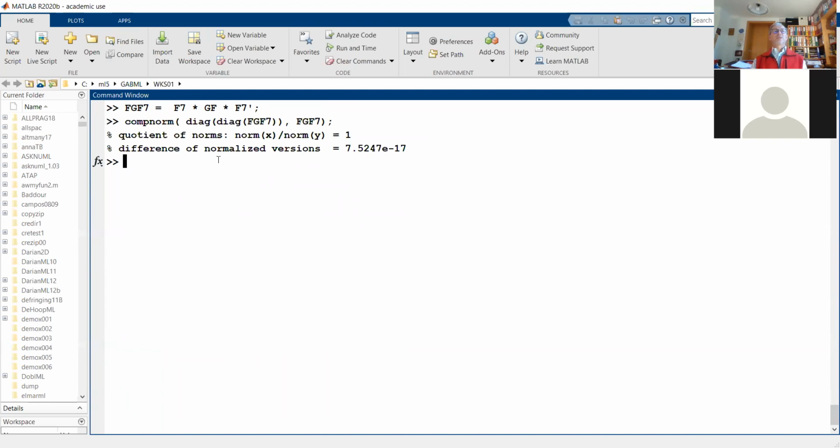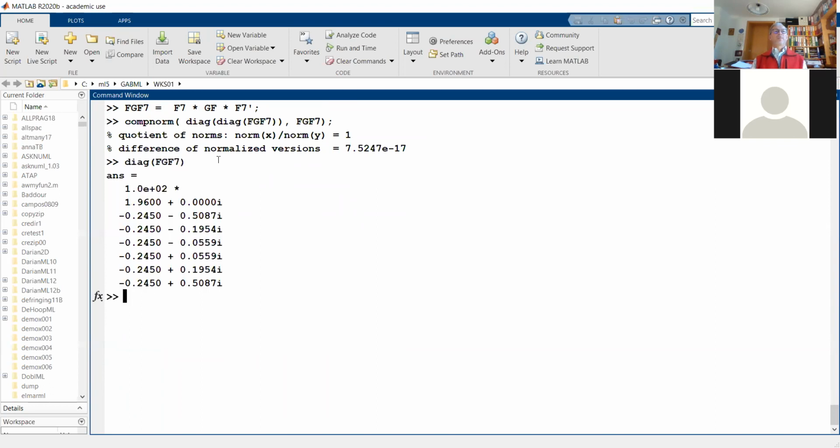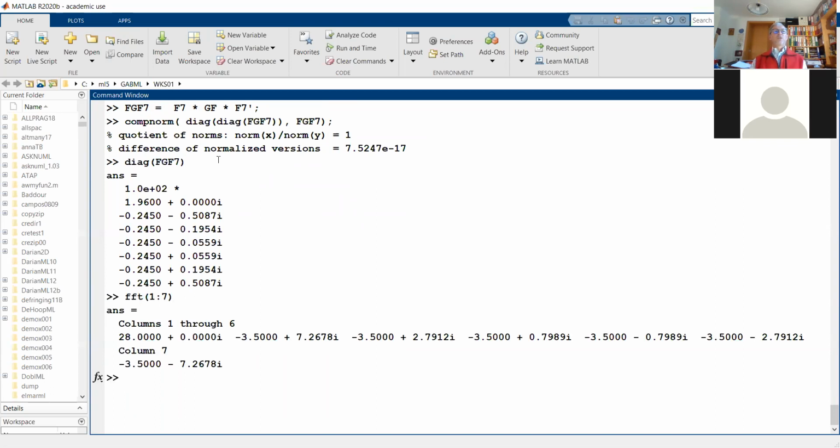And then of course you can say, well, what is the diagonal of FGF7? This is a certain vector, but we can also look at the FFT of the generating vector, which is this here. Well, now it's a bit strange, but maybe I have to take it in the opposite order.